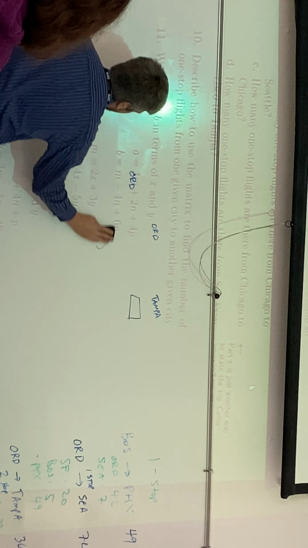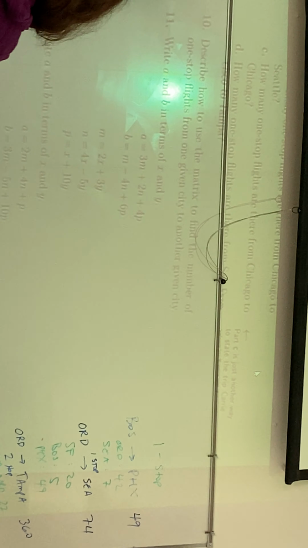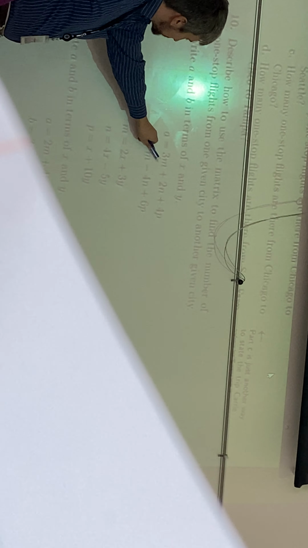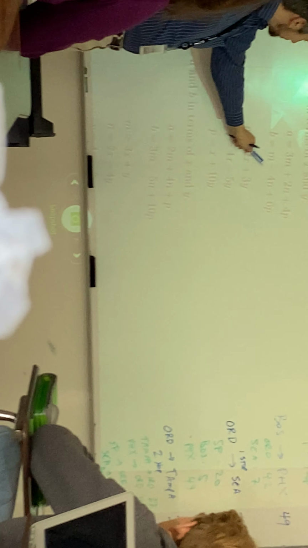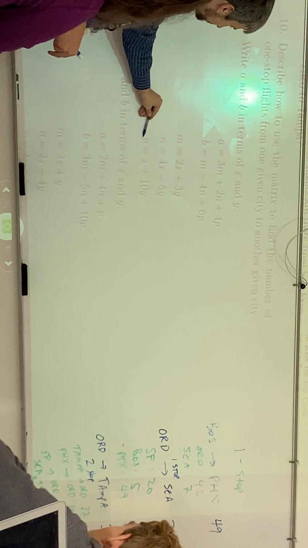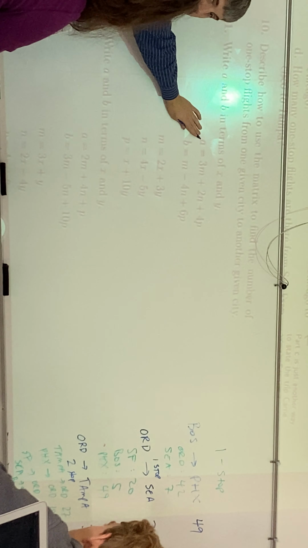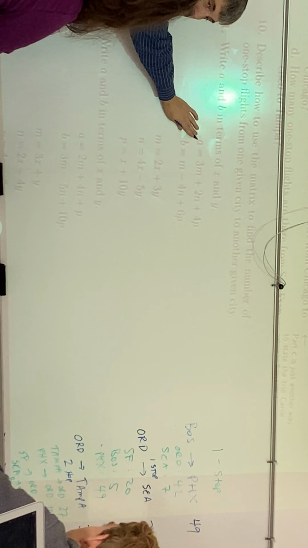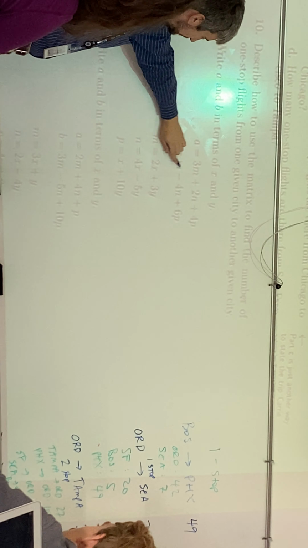All right, now write A and B in terms of X and Y. So here's A. A is 3m plus 2n plus 4p. B is m minus 4n plus 6p. And here's m, n, and p. Now, if we want to know A in terms of X and Y, how many x's do we get from the m? This is the 2.